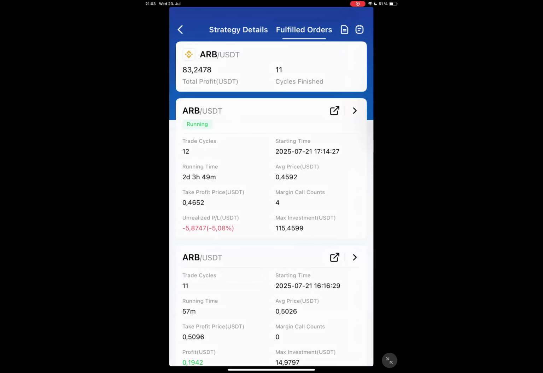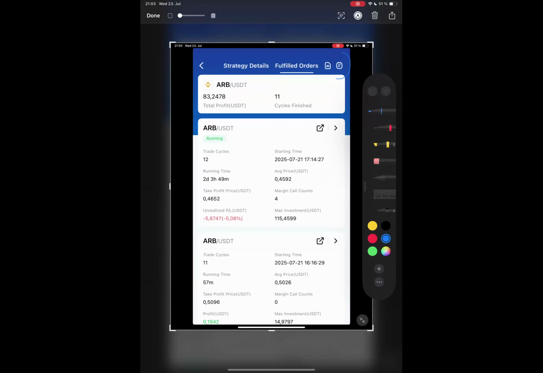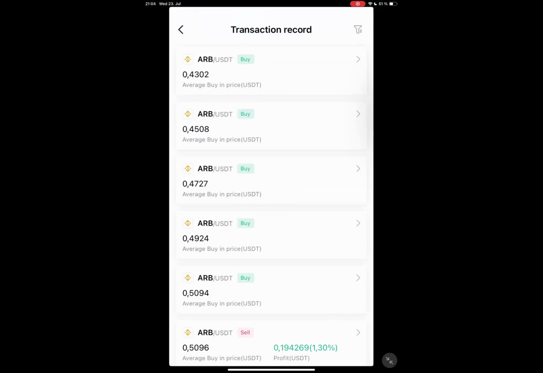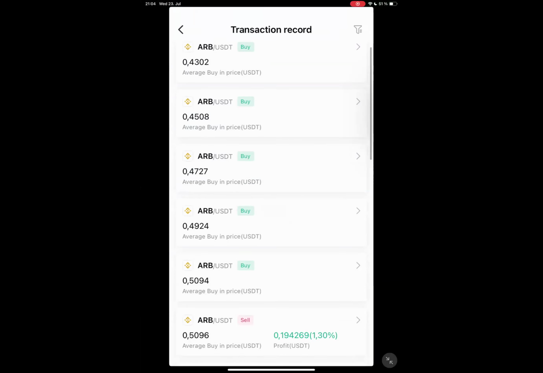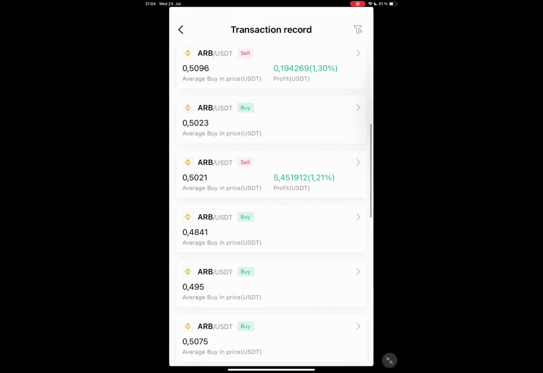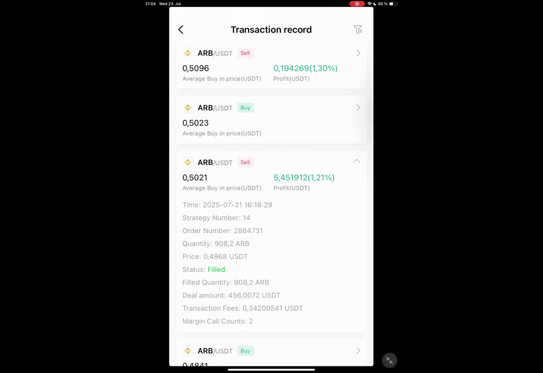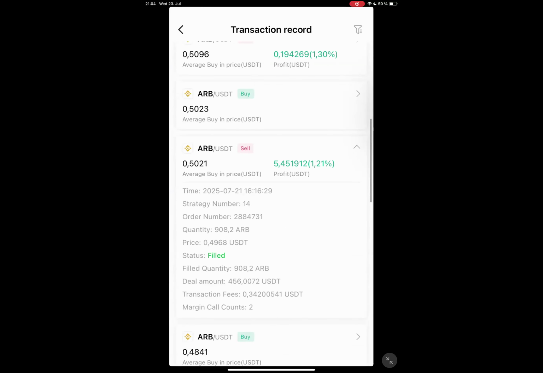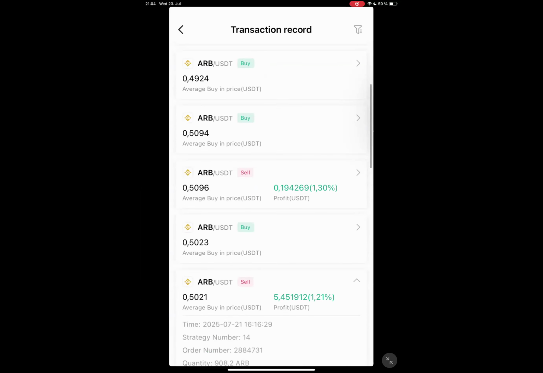Then the next one that looks like a hanging calendar, this button, that is the transaction record. So you can see which call this is. Okay, this is a sell. It's a wholesale, it's not a sub sell.